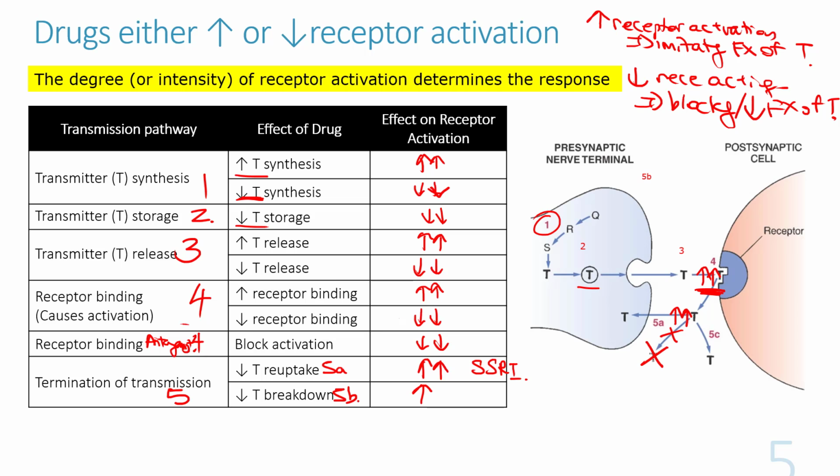And so if you decrease breakdown, then you increase the amount of receptor activation. An example of a group of drugs that does this is called the cholinesterase inhibitors, and they are used to manage the symptoms of people with Alzheimer's disease.